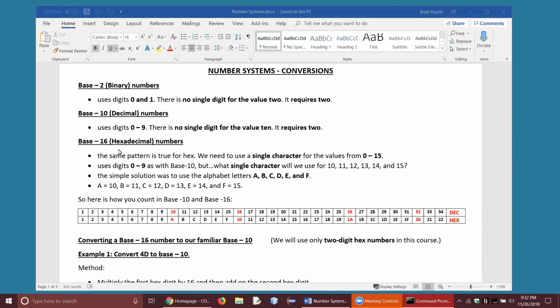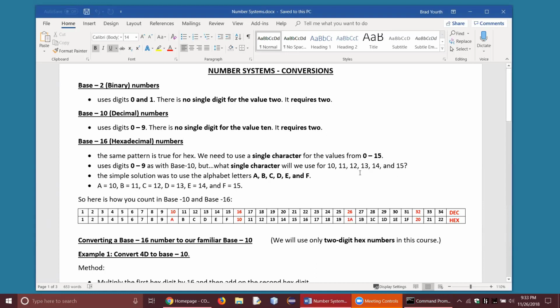Well, in base 16, we need to adhere to that same pattern. We need to have a single symbol, a single character, for all the values from 0 up to 1 less than 16, all the way from 0 to 15. We use the digits from 0 to 9 as with base 10 for those values. But what are we going to do about the values for 10, 11, 12, 13, 14, and 15?